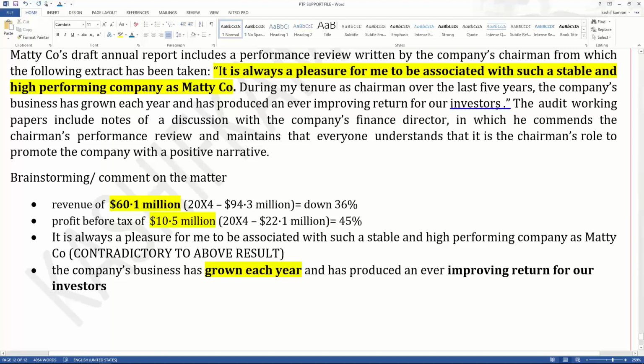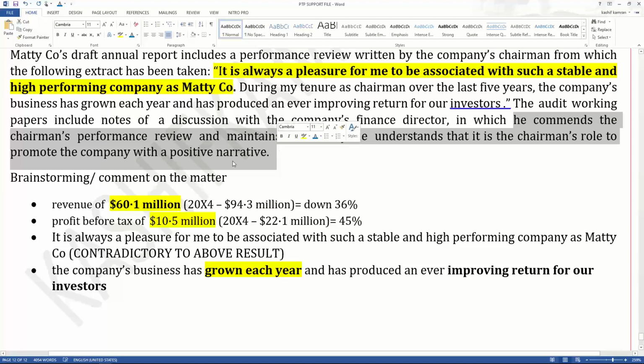The audit working papers include notes of a discussion with the company's finance director, in which he commends the chairman's performance review and maintains that everyone understands it is the chairman's role to promote the company with a positive narrative.